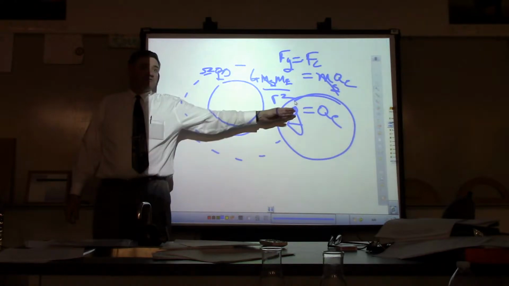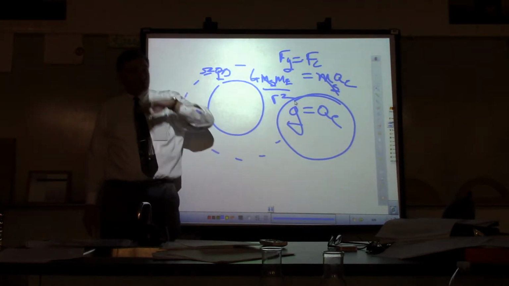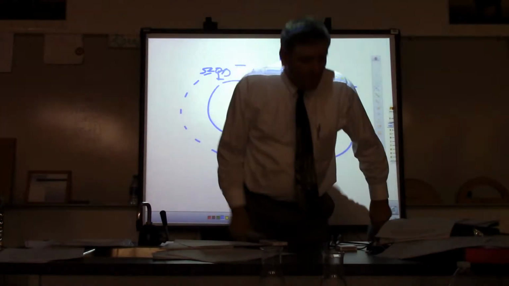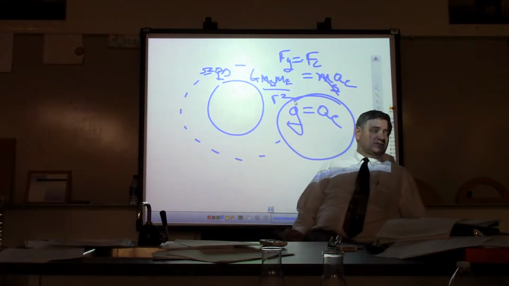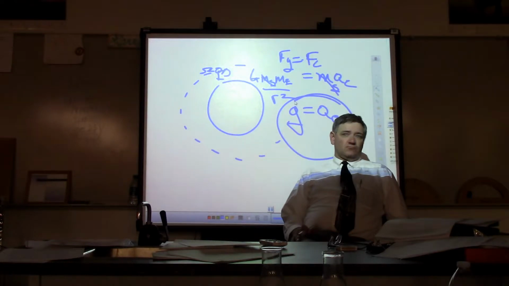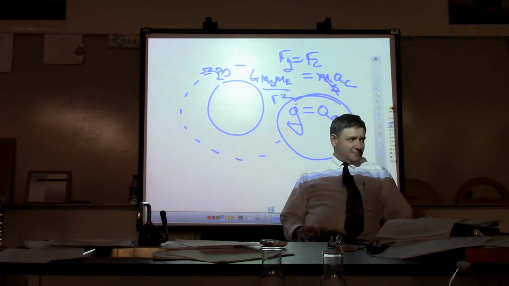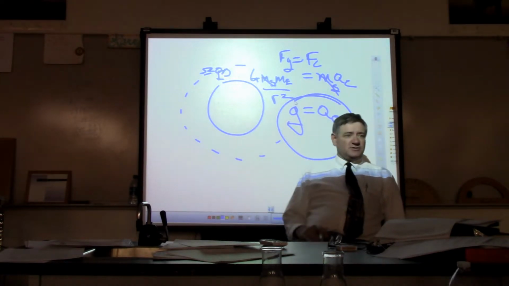This has to be this. If you put something in a near Earth orbit, right at the surface of the Earth, what do you think the centripetal acceleration is going to be? 9.8 meters per second squared, because that's what the value of g is.